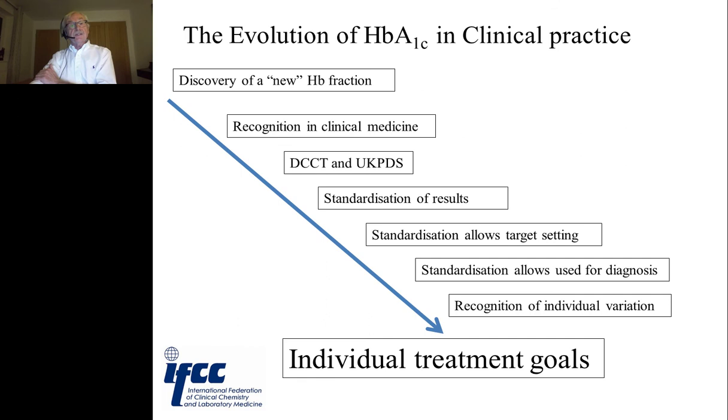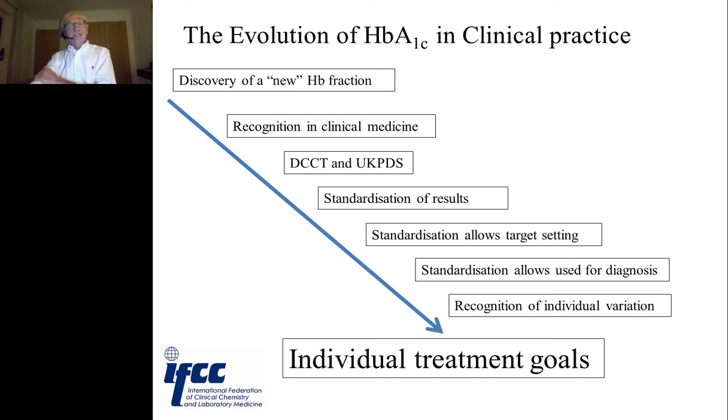So to finish, if we look at the evolution of hemoglobin A1c in clinical practice, it started off with the discovery of a new hemoglobin fraction, then recognition in clinical medicine, then the publication of the DCCT and UKPDS in type 1 diabetes and type 2 diabetes, giving us a very clear understanding of hemoglobin A1c and its importance in developing complications.